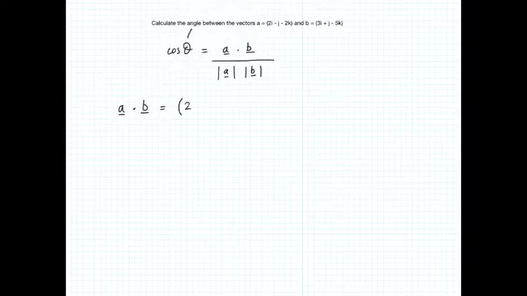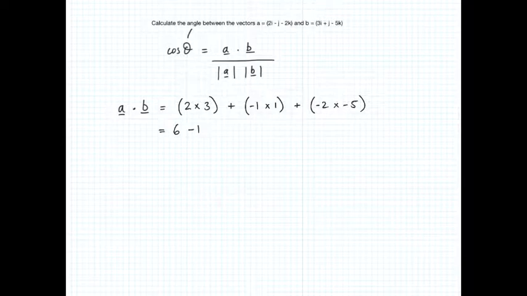So we do 2 times 3 plus the j components multiplied together, remembering to bring the sign with it, so that's minus 1 times 1, and then plus the k components multiplied together, again bringing the sign, so minus 2 times minus 5. Now if we evaluate that, we get 6 minus 1 plus 10 will give us 15. So the dot product between A and B is a value of 15.